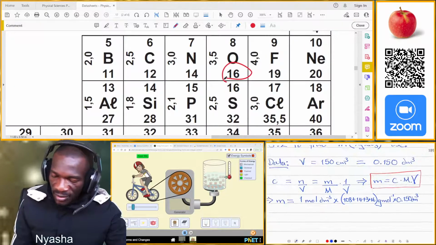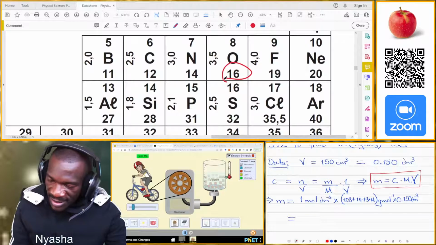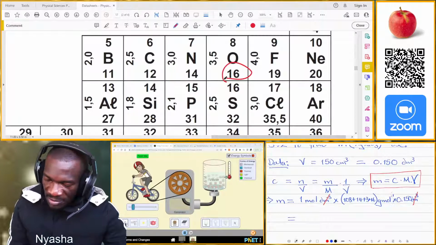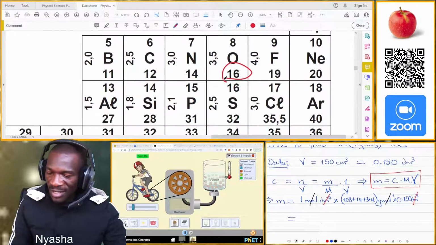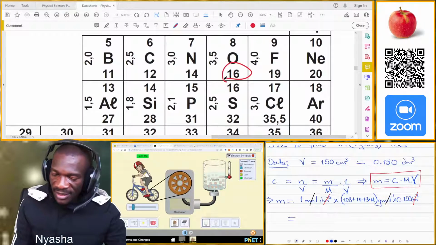So our calculation is going to become, let's just look at the units. The units per dm cubed and dm cubed cancel out. Next is grams per mole, and that mole cancels out. So in the end, we actually have our calculation in grams.